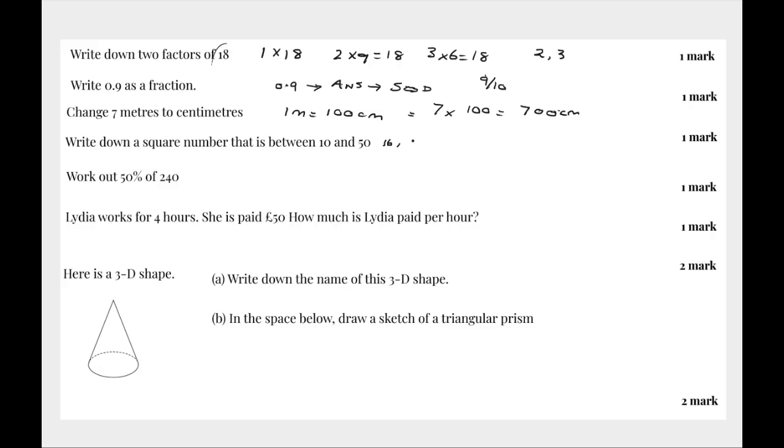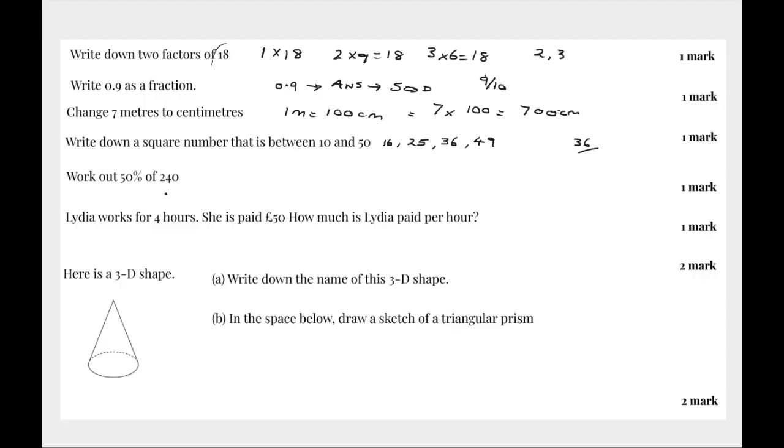Next one, I'm going to go 5 squared, which is 25. Then I'm going to go 36, 6 squared. Then I'm going to go 7 squared, which is 49. And the answer says, write down a square number that is between 10 and 50. World your oyster, pick one. I'm just going to go 36.